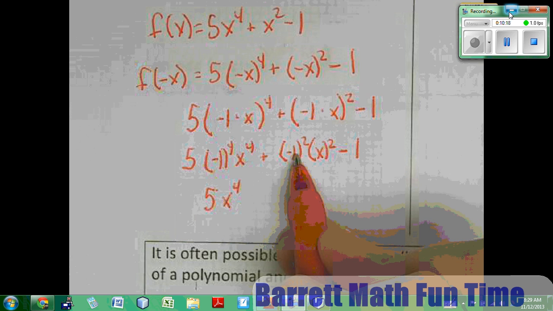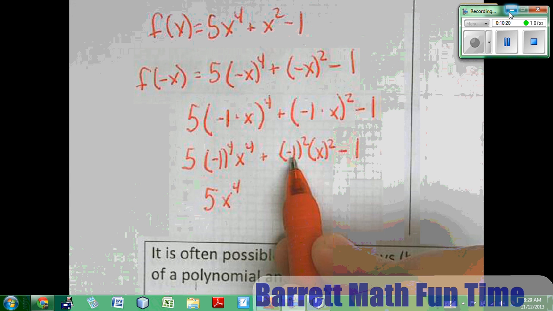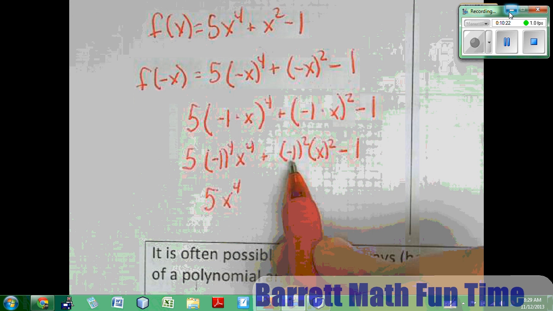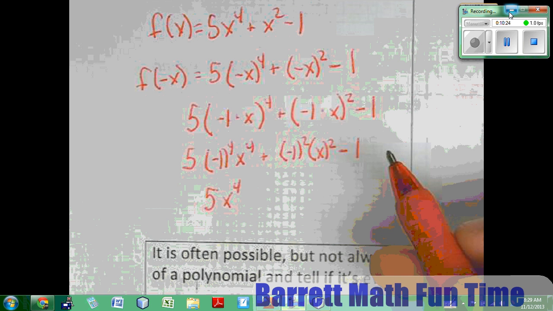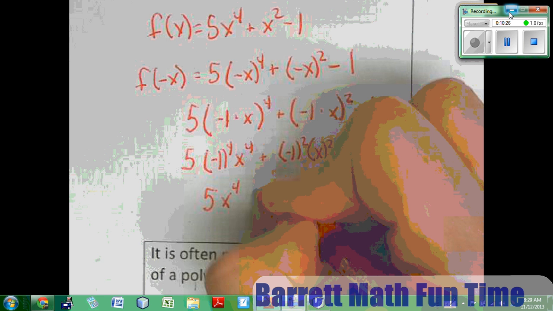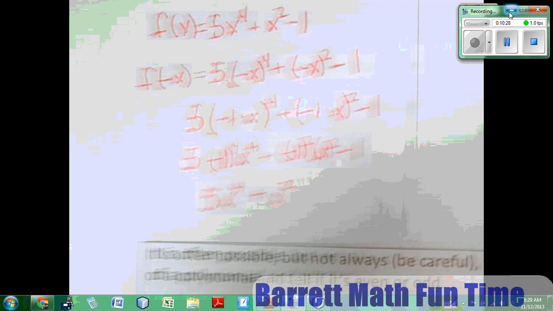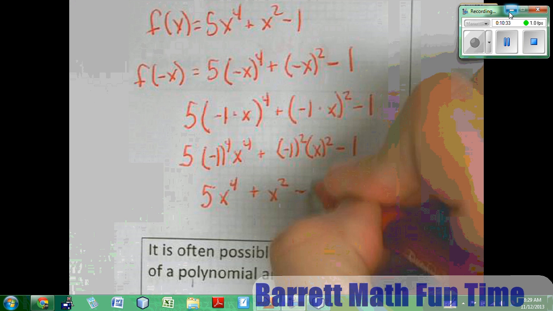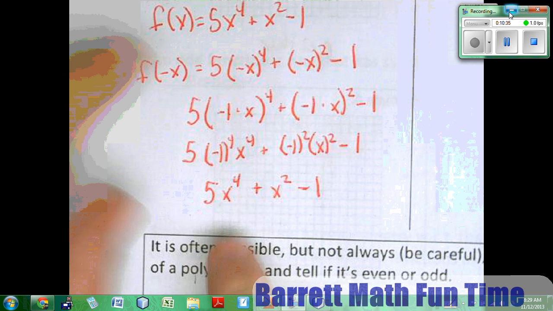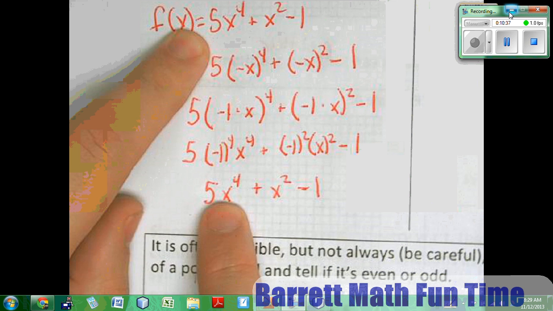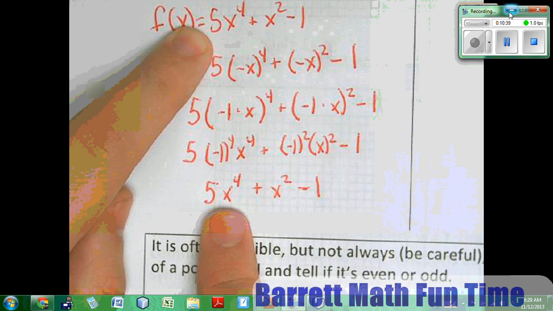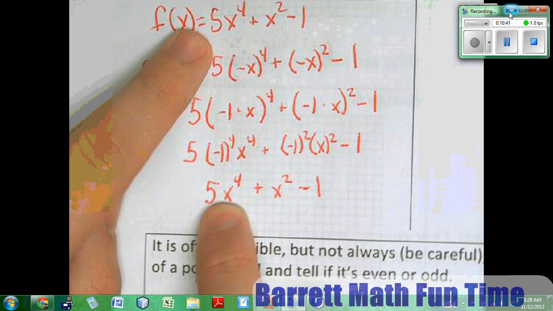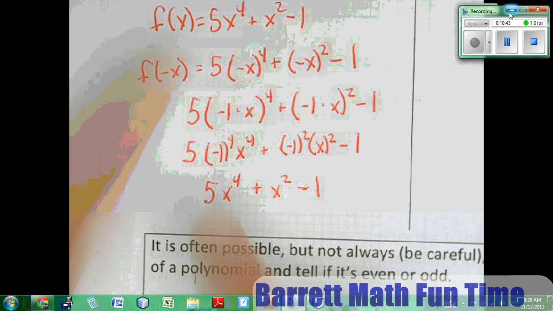When I have negative 1 times negative 1, I just get 1, so I don't have to write that down. So this is plus x squared. And then I just write the minus 1. What do you notice about these two right here? They're the same. If you find that you got the same answer when you plug in negative x, it's even.